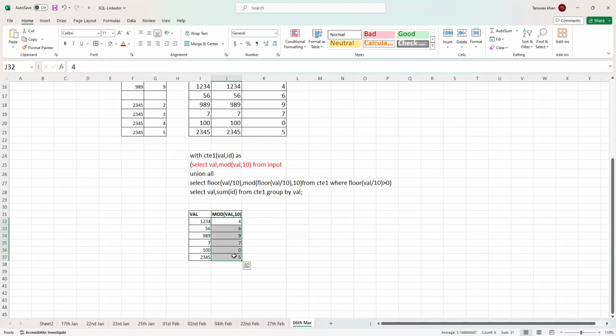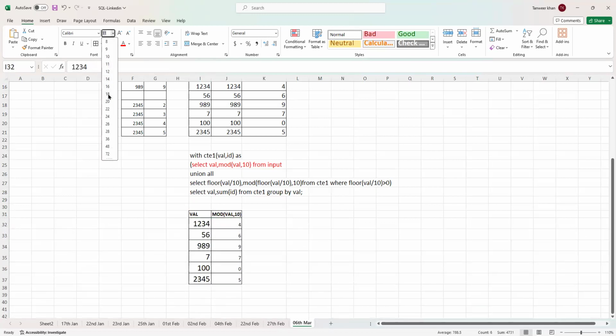Now the next part is you have to extract the tens part of it, correct? If I'm talking about the tens part, it means you want 3 here, you want 5, you want 8. 7 doesn't have any tens component, which is fine. Here the tens part is 0, here it is 4. So that we have to extract, right?